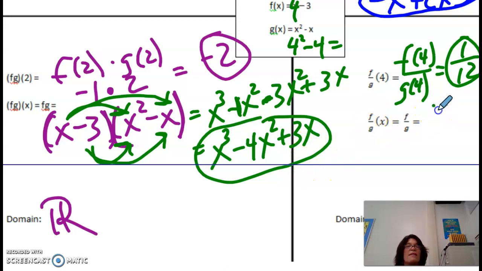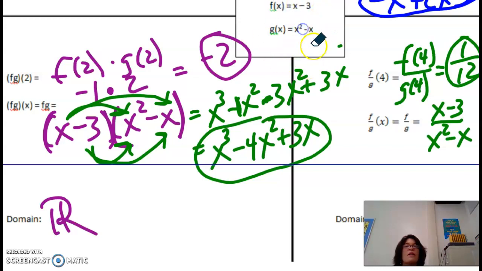F over g of x, I take my f function and divide it by my g function. Now, because I'm doing division, we know the denominator is not allowed to be 0. Isn't that true? No 0 in the denominator.